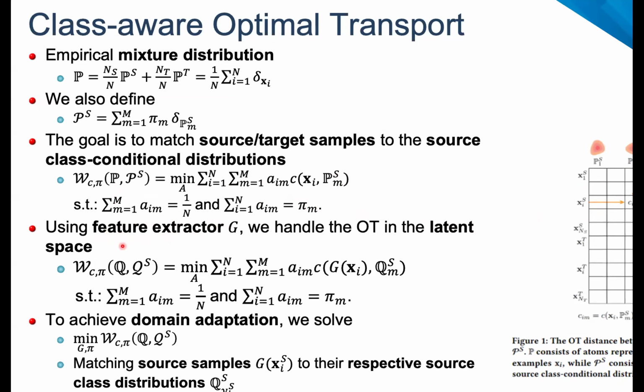Here, we transport P to Q, and also transport P_S to Q_S, and we examine the optimal transport between Q and Q_S in the latent space.